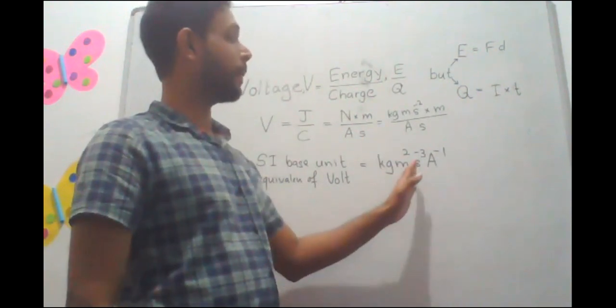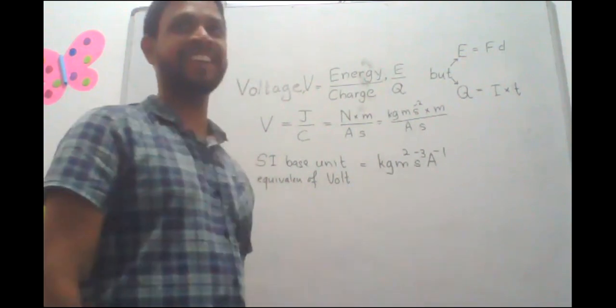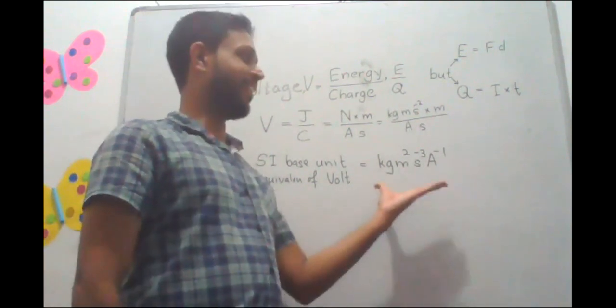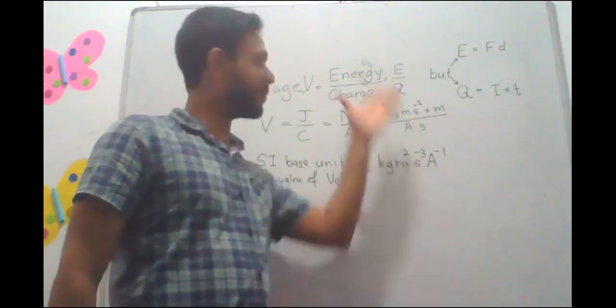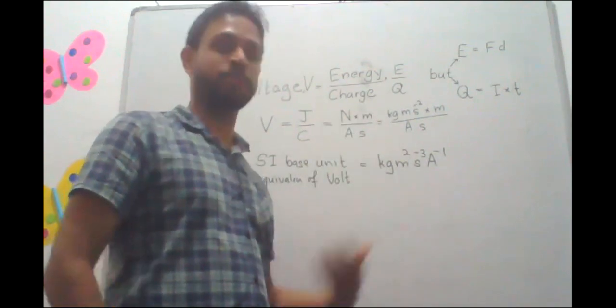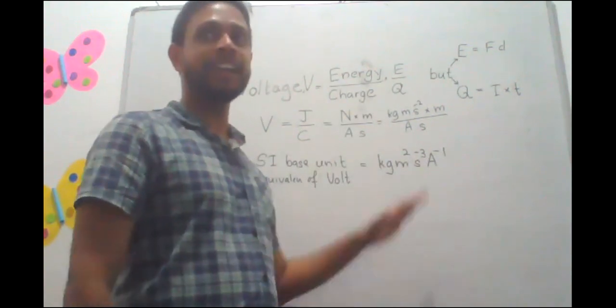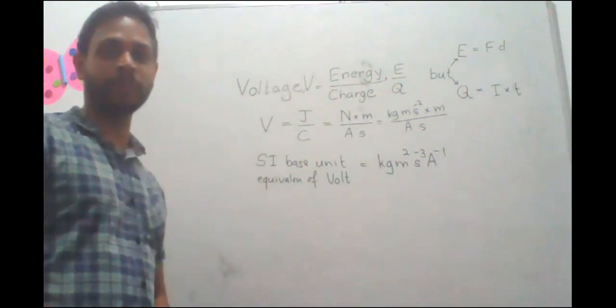Kilogram meter squared per second cubed per ampere is volt, right? So if this is in the exam, it will take a certain period of time to work on that. If you have gone through this once or twice or thrice, definitely you will get this in a fraction of the time. Please copy down that as well.